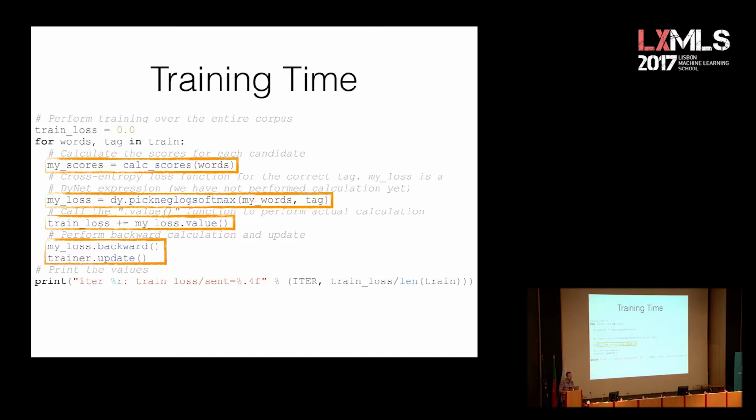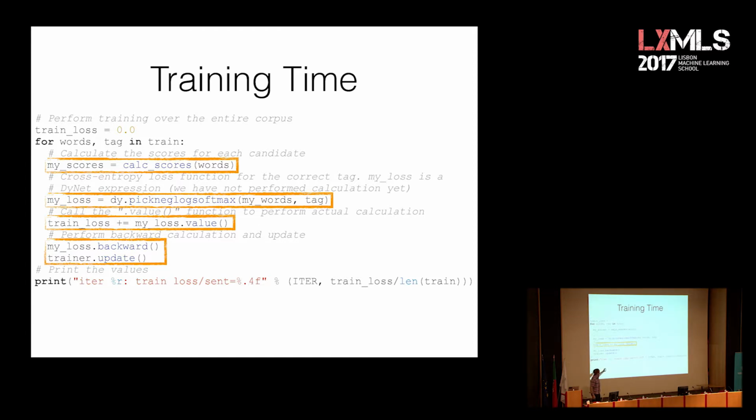So one feature of DyNet that's different from other dynamic graph toolkits, different from PyTorch and Chainer, is we're using something called lazy evaluation. So have people heard of lazy evaluation in the programming language sense? OK, a fair number of hands. But basically the idea is we don't actually evaluate the value of the computation until it's requested or until it's necessary.